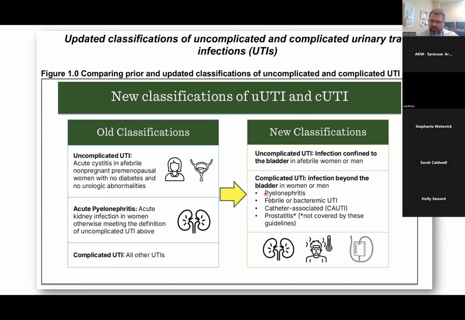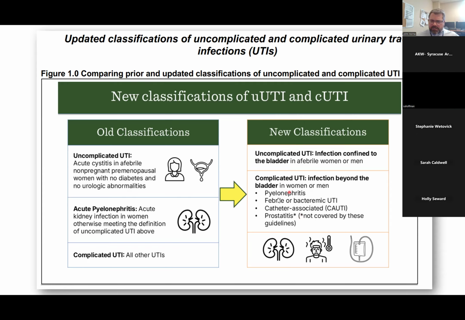So pyelonephritis, so involvement of the kidney, febrile or bacteremic urinary tract infection, catheter-associated prostatitis. So essentially, if it's confined to the bladder, it's uncomplicated. If it's beyond the bladder, it's a complicated urinary tract infection.